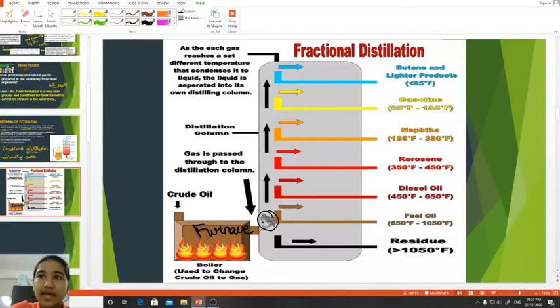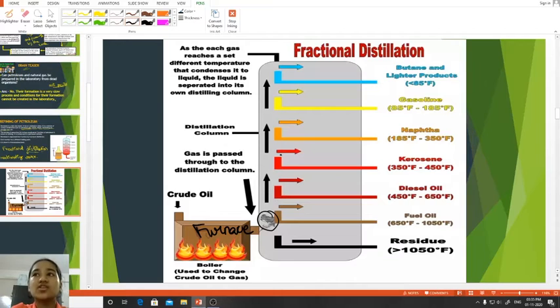For example, the gas starts to move up. When this settling is at 650 degrees, it settles down and forms fuel oil. Then when it reaches 450 degrees, it settles down. Then when it reaches 350 degrees, it settles down and forms kerosene, and so on.